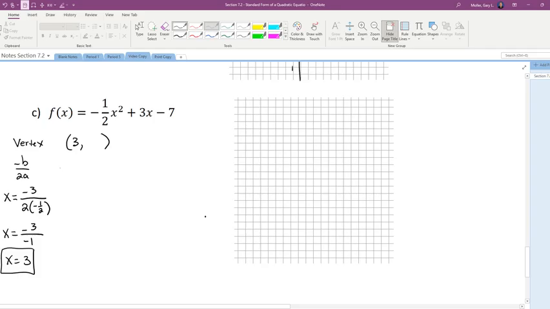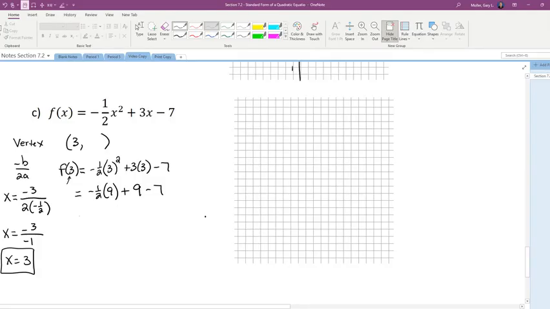To find the something, we got to plug it in. So I'm going to find f of 3. Again, just taking my function written in function notation, and this means I'm plugging in 3. So it gives me negative 1 half times 3 squared plus 3 times 3 minus 7 equals negative a half times 9 plus 3 times 3 is 9 minus 7.